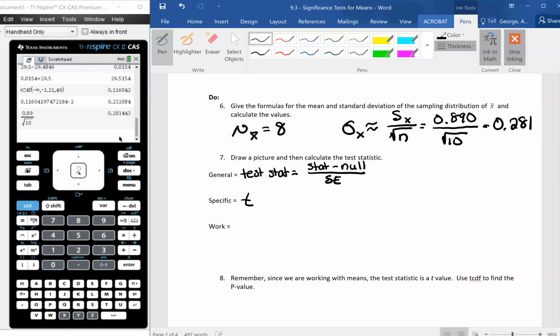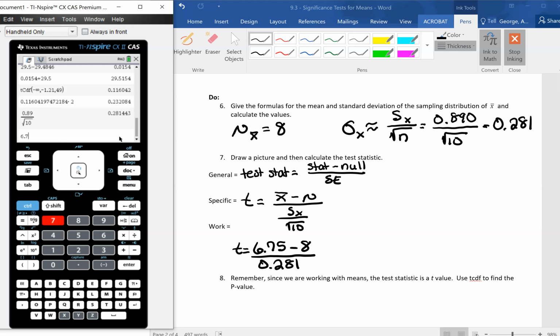So our test statistic is t, our stat is x bar, our null is mu, over our standard error, which is that formula we just calculated, Sx over the square root of 10. So when we plug in our numbers, we've got 6.75 for our x bar, our mu is 8, over 0.281 that we just found.